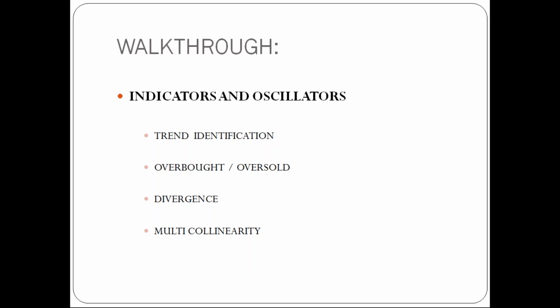So let's have a walkthrough of the course, what we are going to learn through this course. First, we'll introduce you to indicators and oscillators, and how they are used for trend identification, for overbought and oversold conditions in the market, and for tracking divergence and multicollinearity.